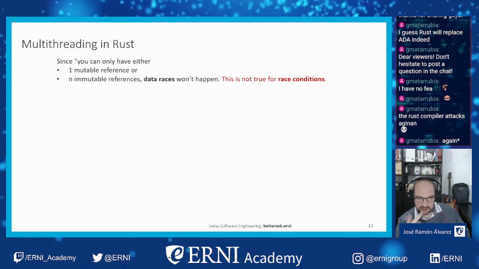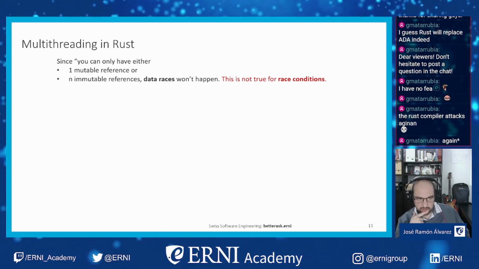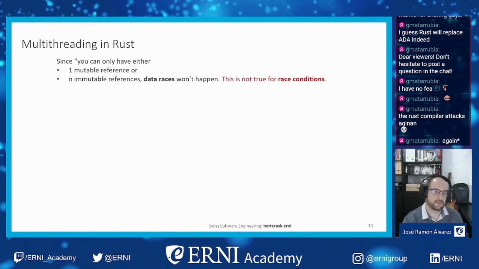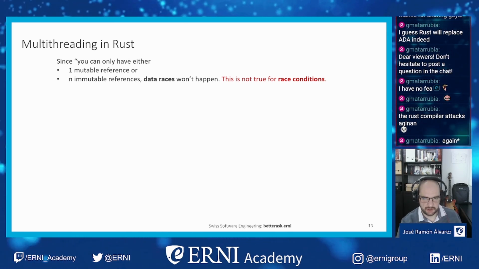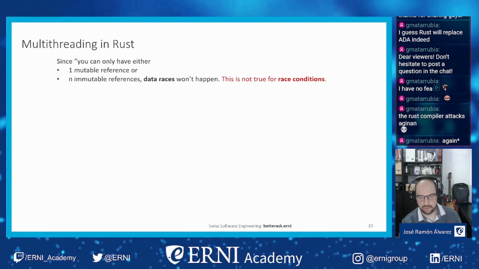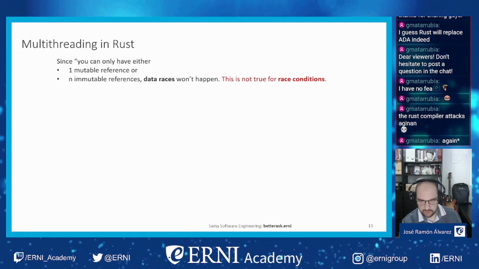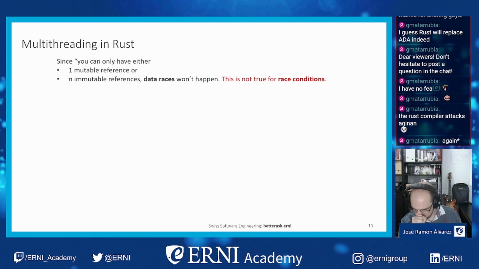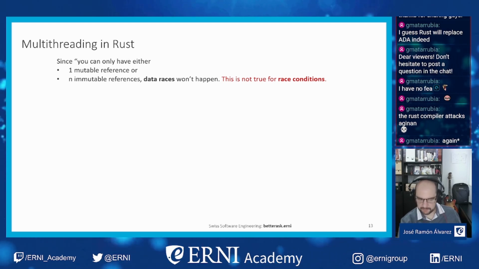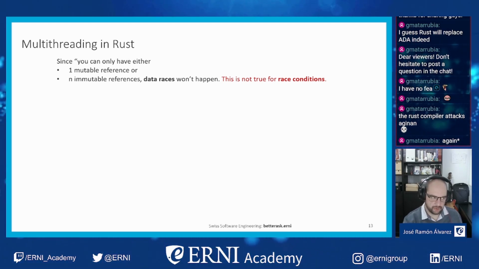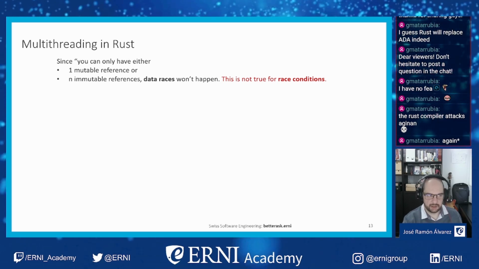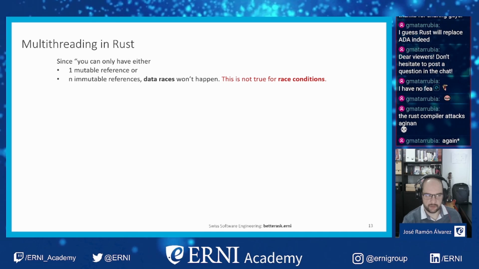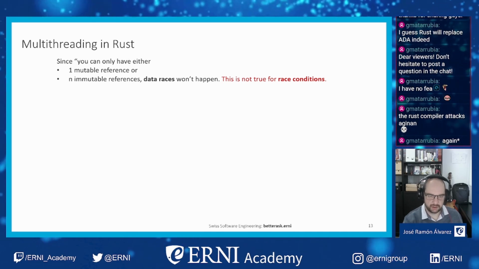In Rust, since we spoke about it before, since you can only have one mutable reference or many immutables, data races won't happen, code won't compile. This is not true for race conditions. A race condition is an assumption you made on your code, for example, that a bunch of threads is going to run in a defined order, but in reality it does not happen, and the error is in your assumption, not in the code.